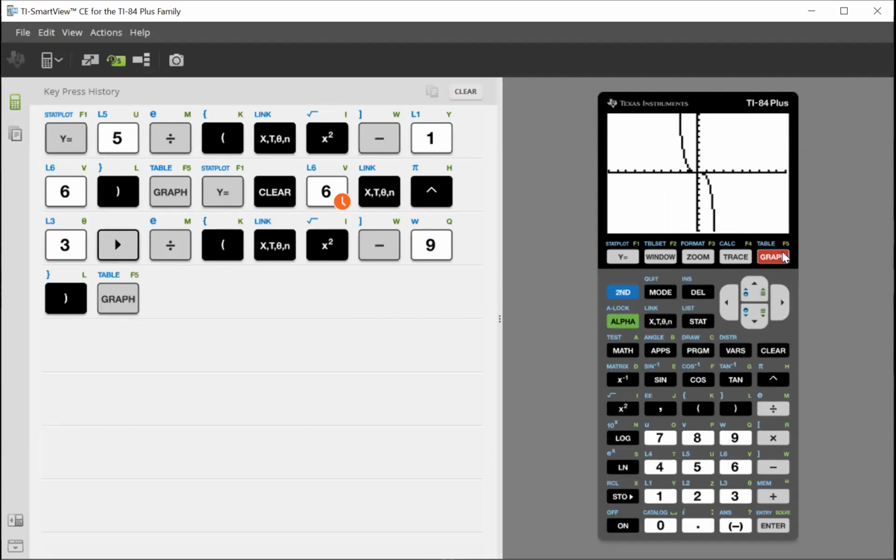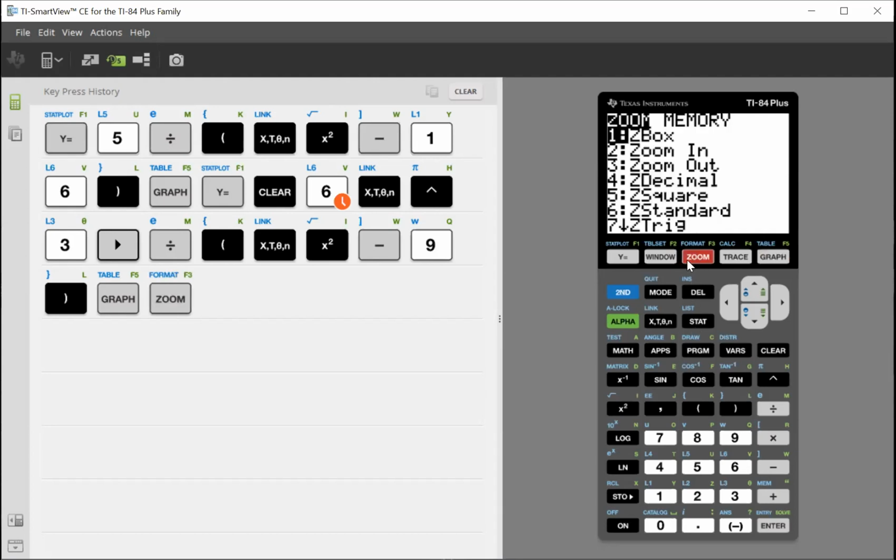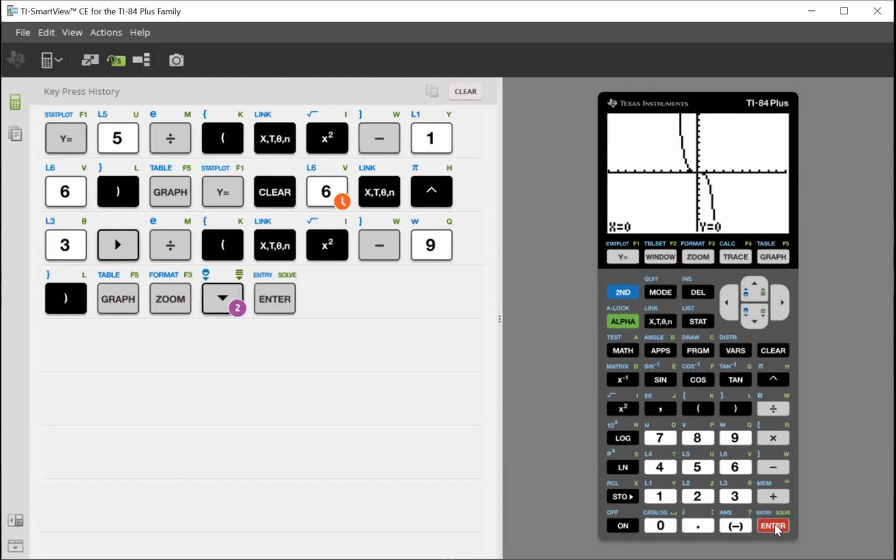Oh, it didn't get out far enough. So y'all, it didn't make the upper right part. So let me do a little bit of a zoom on this and just to look at it. So I'm going to zoom it out, number 3. And hit enter.